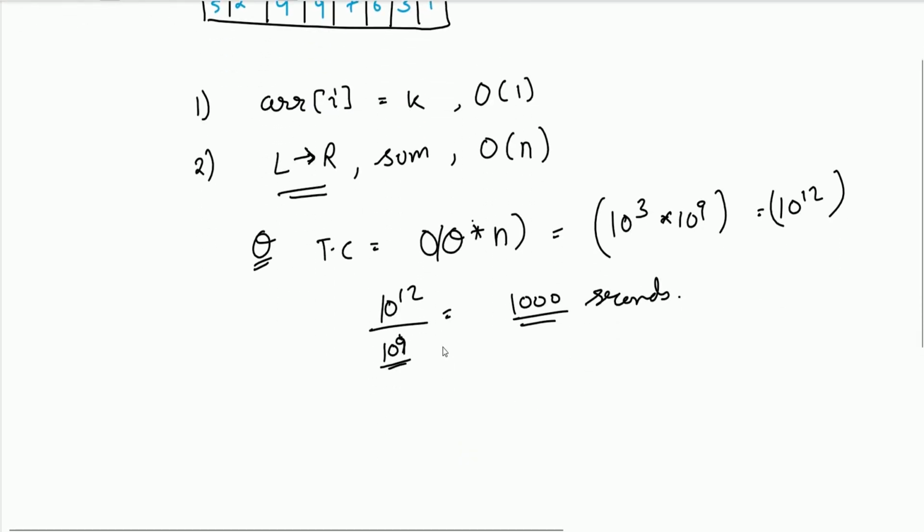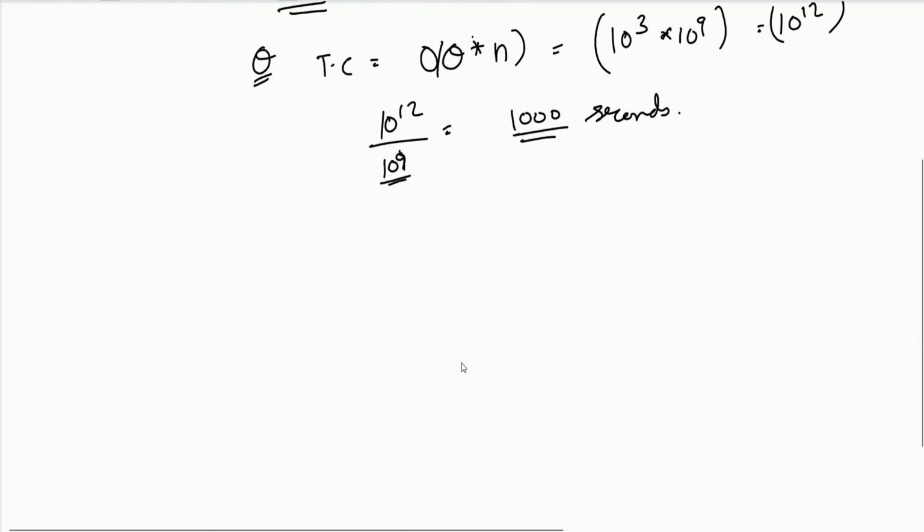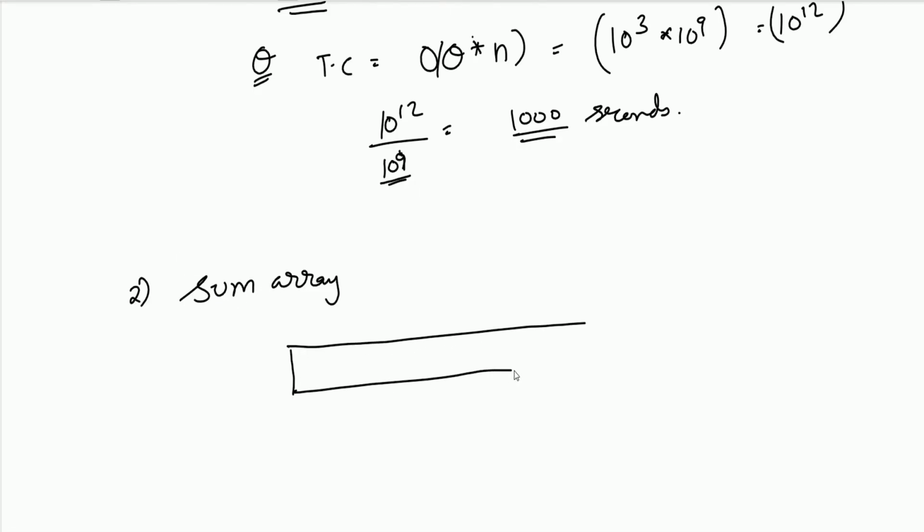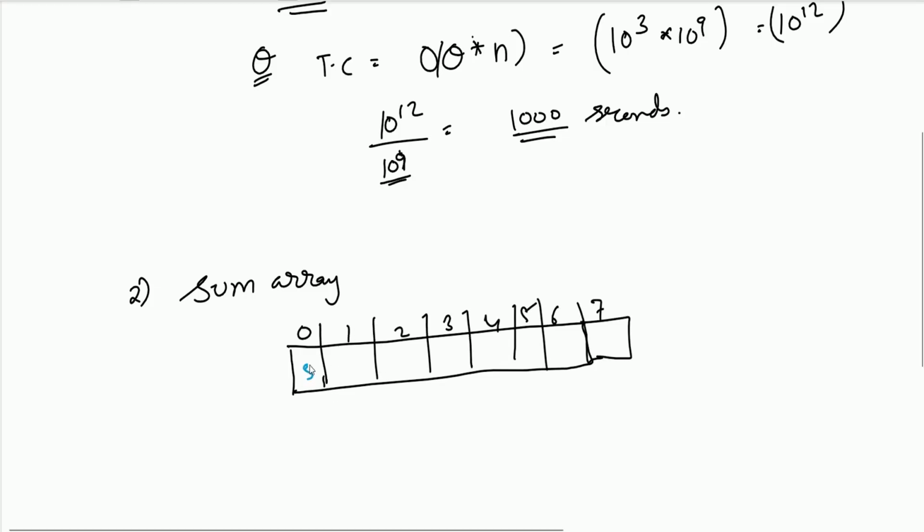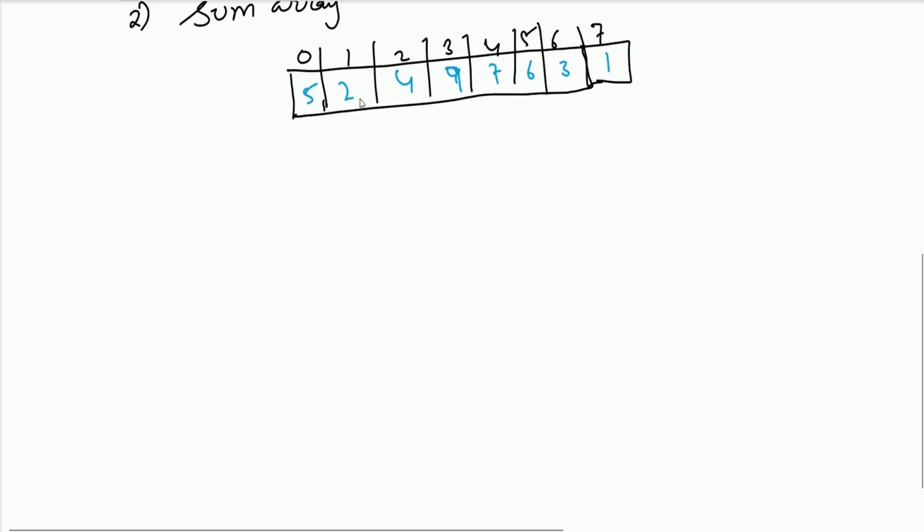Now we can modify this. We can create a sum array, another array of the same size. Suppose this is our original array, which contains 5 2 4 9 7 6 3 1, and then we create a sum array of the same size.